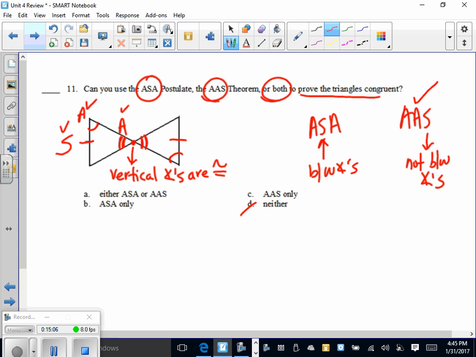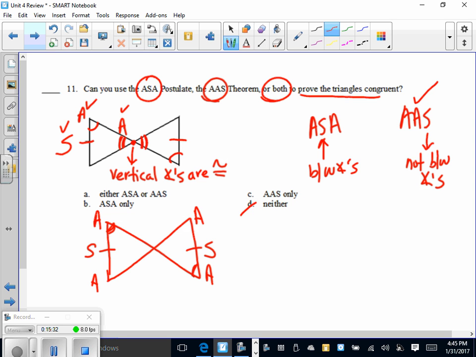All right, now I need some way to come up with angle, side, angle. So I need my side to be between two angles. That means it has to be between this angle and this angle, this angle and this angle. Well, I'm given that this top angle is congruent to this one because they had it marked that way.